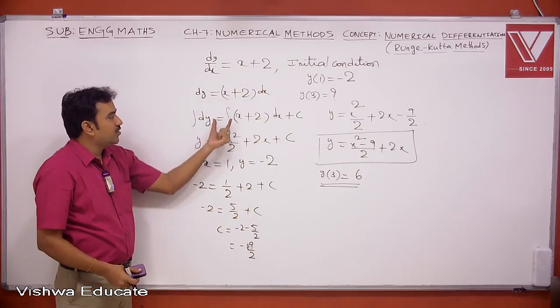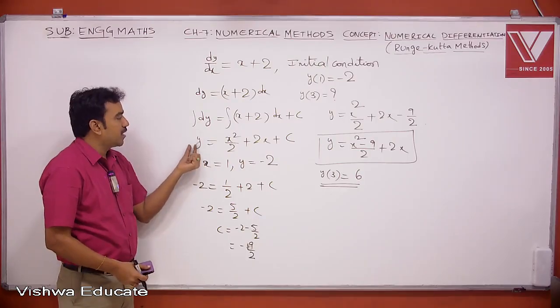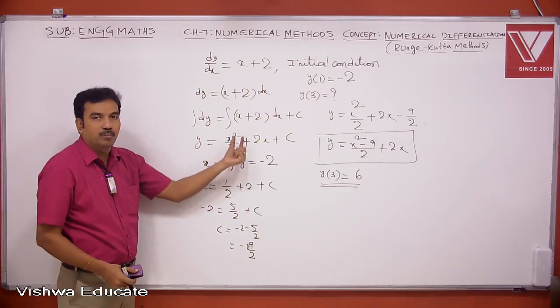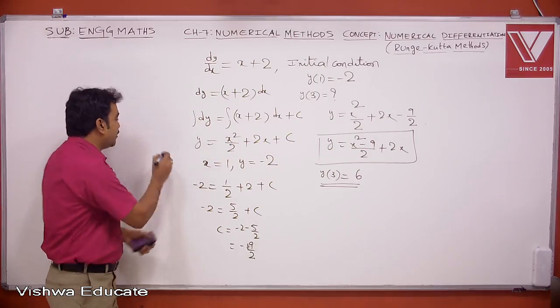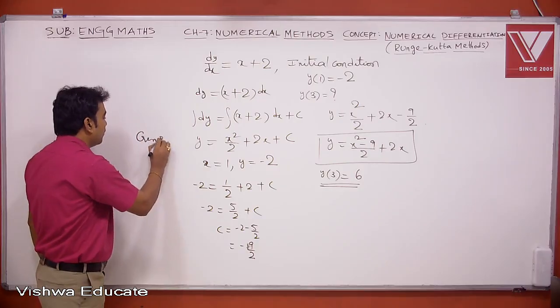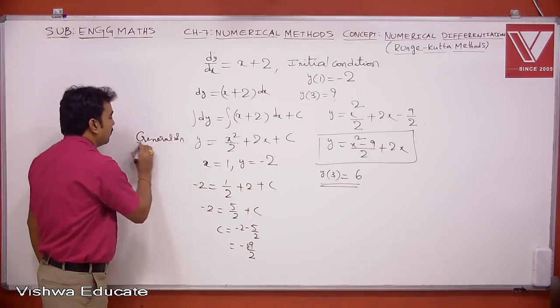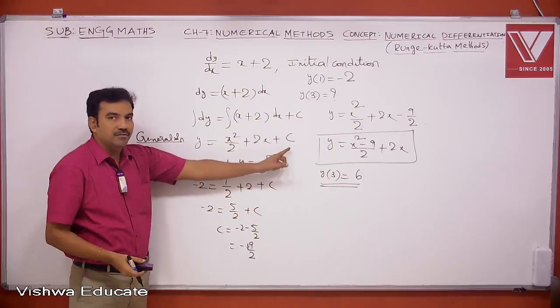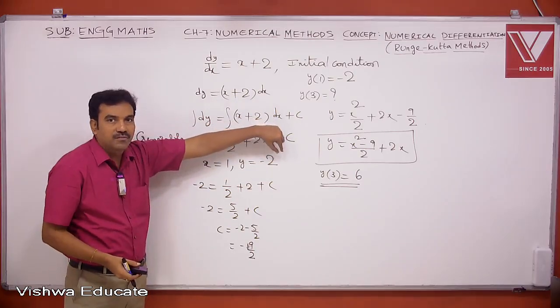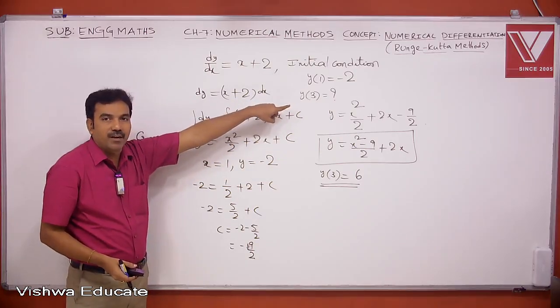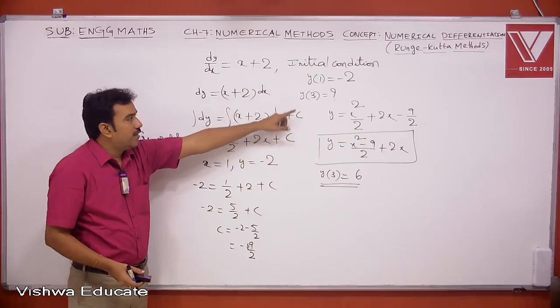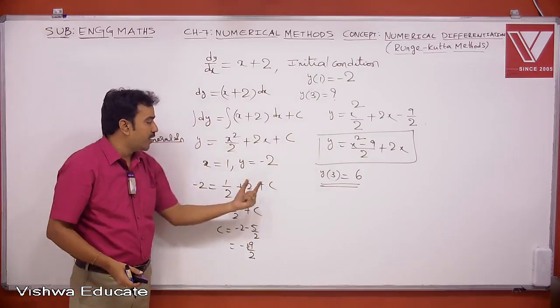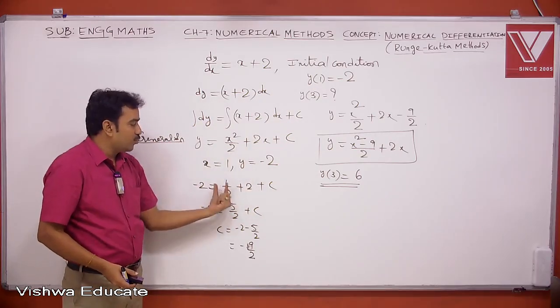So if I solve this equation, my general solution becomes y equal to x square by 2 plus 2x plus c. Because I don't have the value of c, to get this value of c, a boundary condition is supplied: y of 1 equal to minus 2. That is, when x is 1, the y value is minus 2. So substitute those values.